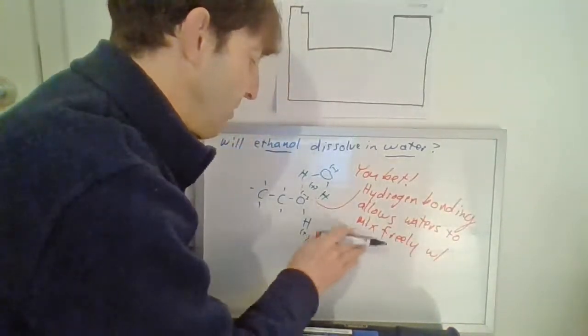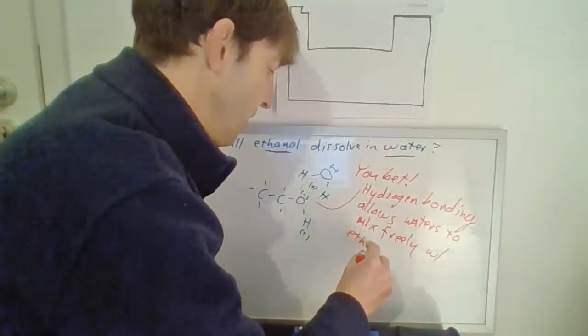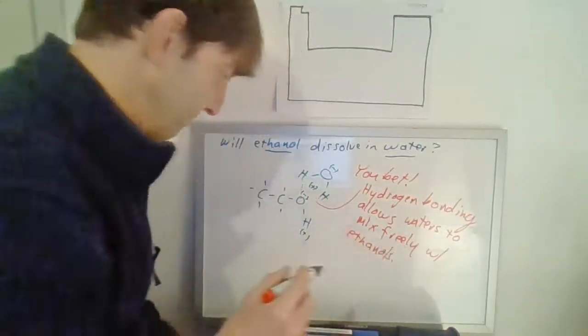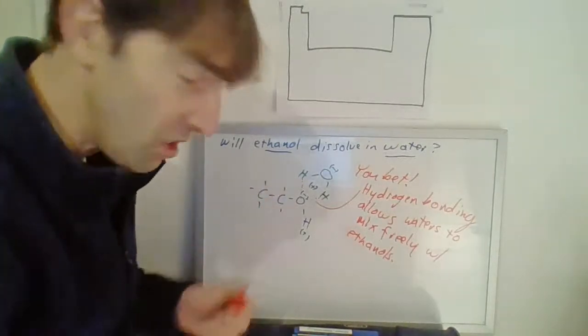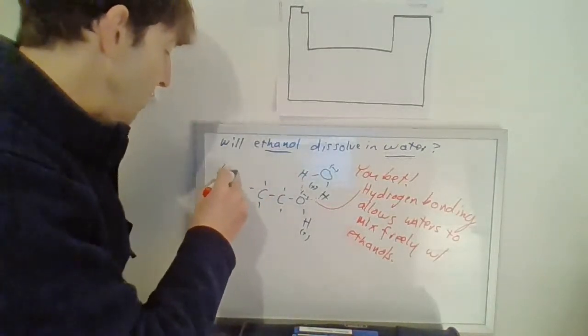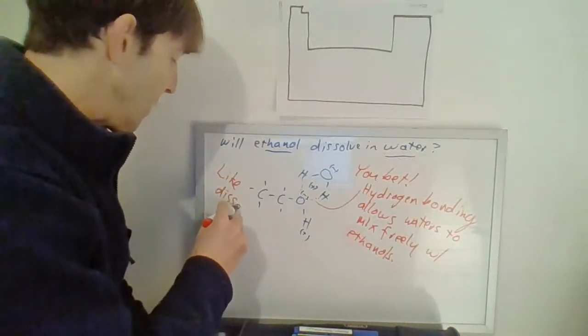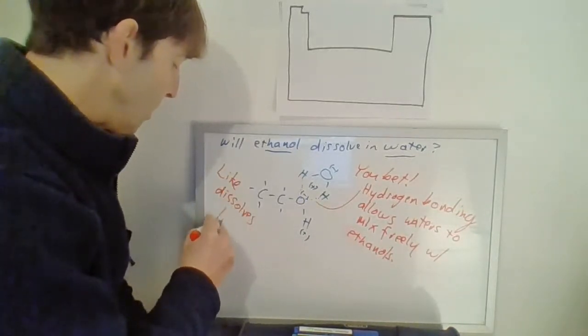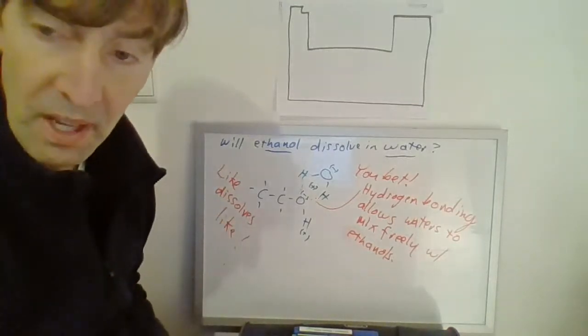Well, ethanol. Or ethanols. Again, they both have hydrogen bonding, so like dissolves like. If they both got it, then that little phrase works really well to help us remember that rule.